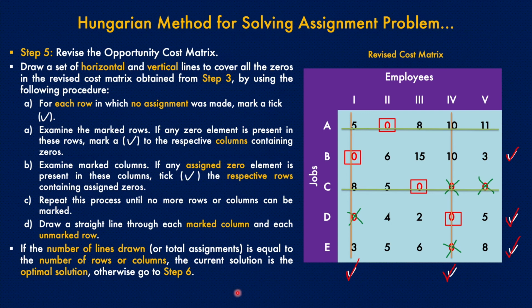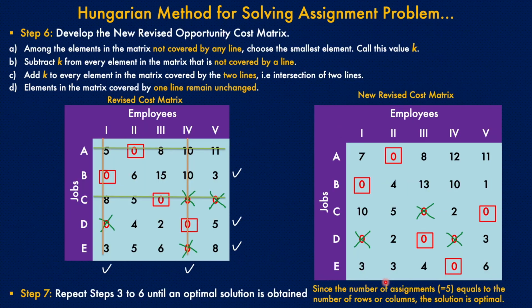But in this case, you just see we have obtained only 4 lines. We have 5 columns or 5 rows. So we haven't obtained the optimal solution. Therefore, we will go to the next step. In this 6th step, we have to develop a new revised opportunity cost matrix by the following procedure. This is the revised cost matrix.